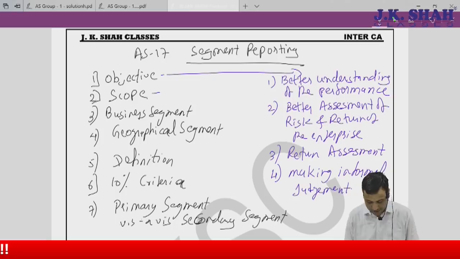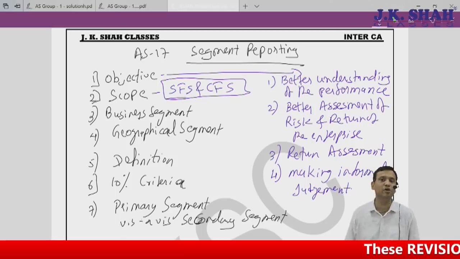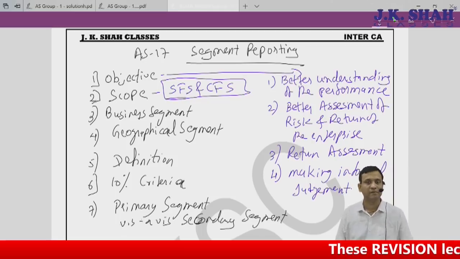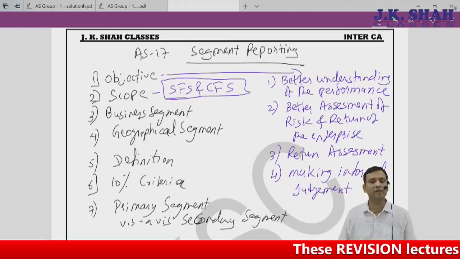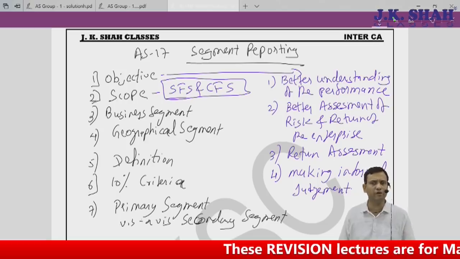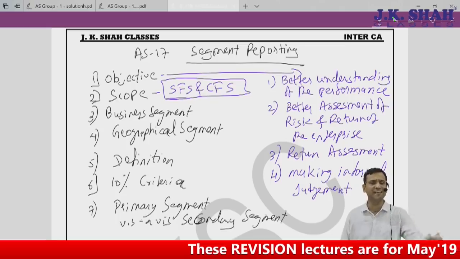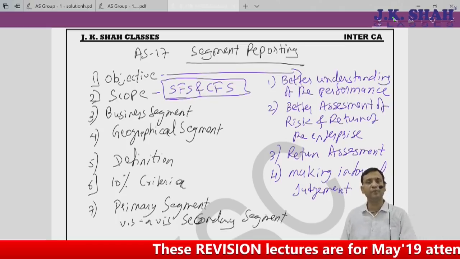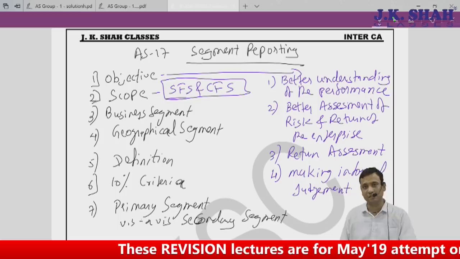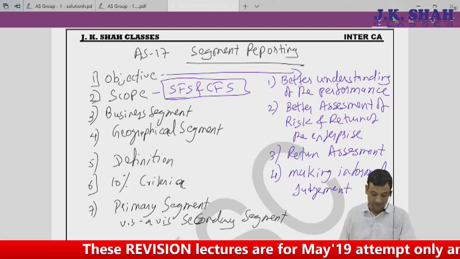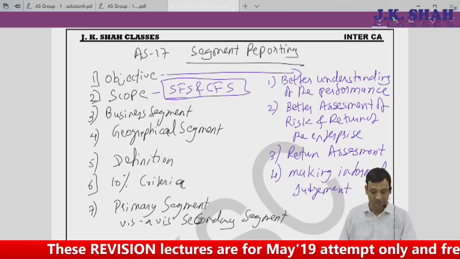As far as scope is concerned, it applies to both SFS as well as CFS. When I say SFS, it is nothing but standalone financial statements. You prepare cash flow, balance sheet, income statement and notes forming part of the accounts only for your entity. You say standalone. But when you prepare it for your whole group, holding plus subsidiary plus associate, we say it is consolidated financial statements.